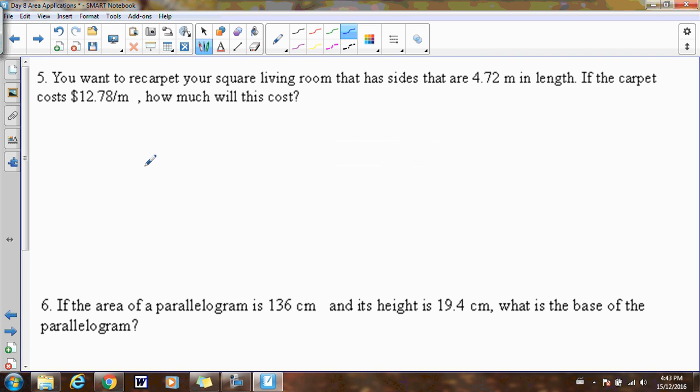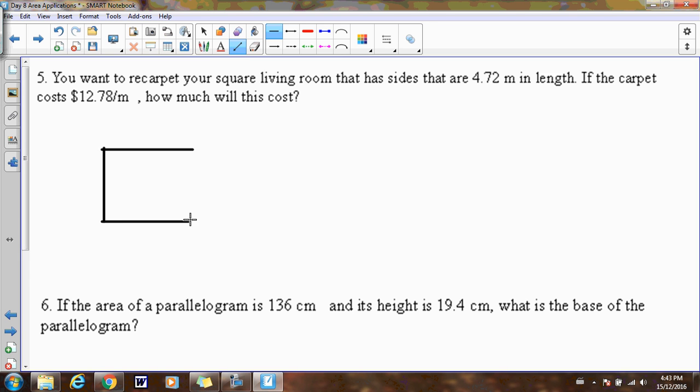Okay, couple more to go. Number 5 asks us, you want to recarpet your square living room that has sides of 4.72 meters. So let's draw a square here, and they tell us that each side is 4.72 meters, and they also tell us that the carpet costs $12.78 per meter.